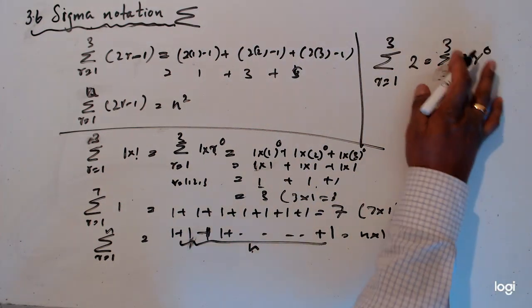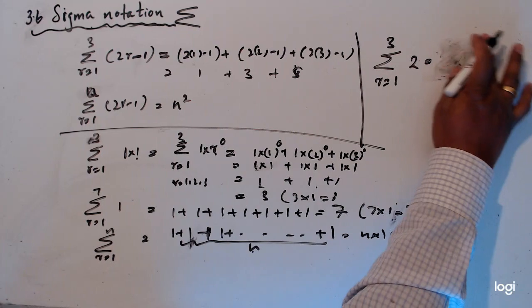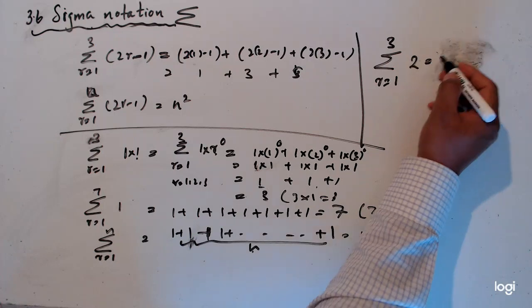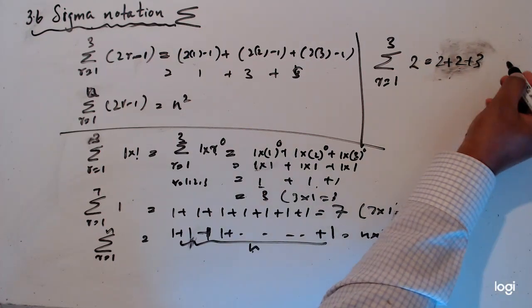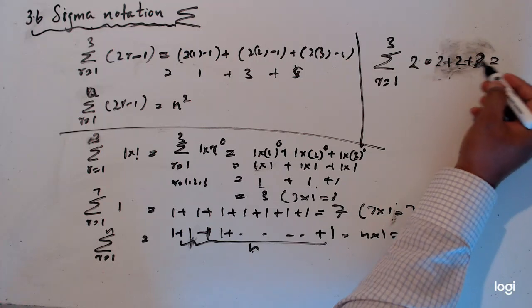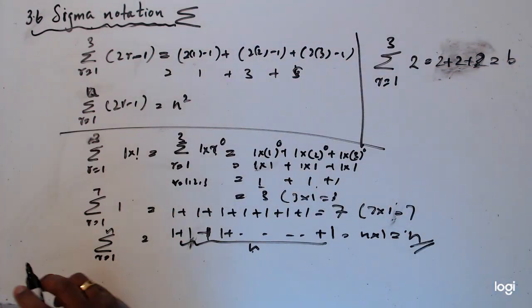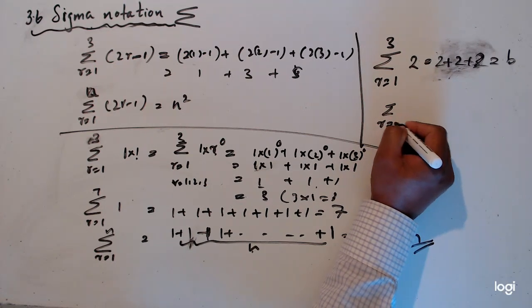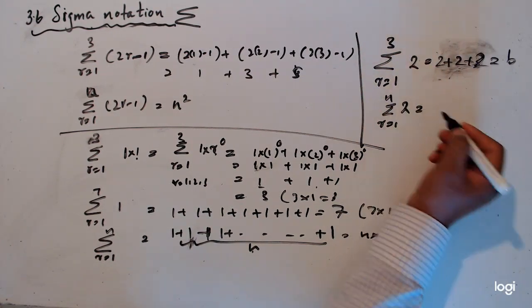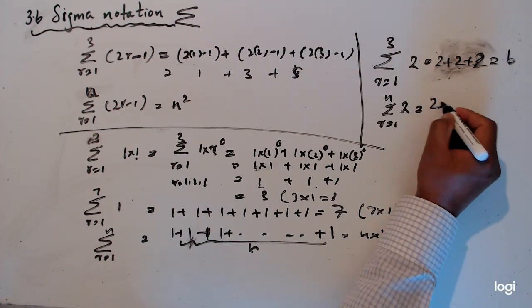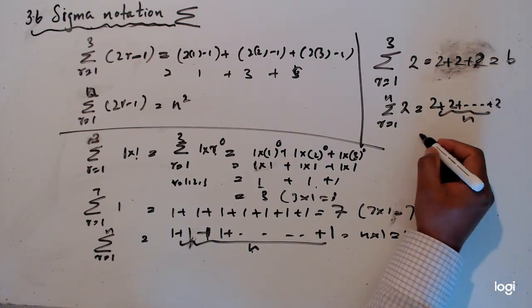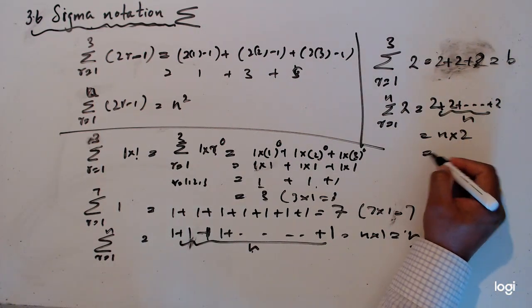Basically the idea behind it is simple: you are adding 3 terms, 2 plus 2 plus 2, that is 6. So how do you find r equal 1 to n of 2? It means 2 plus 2 plus dot dot dot 2. How many terms? n terms. So n terms times 2, that is 2n.